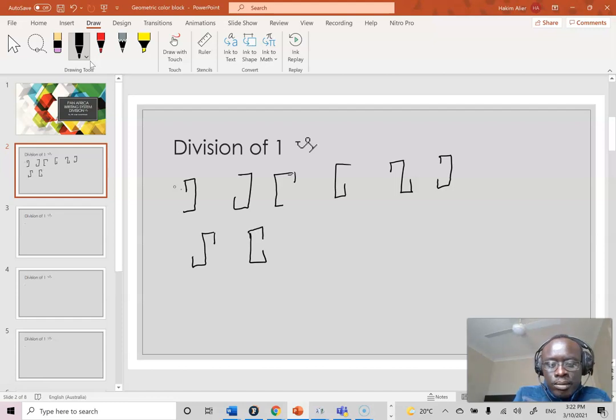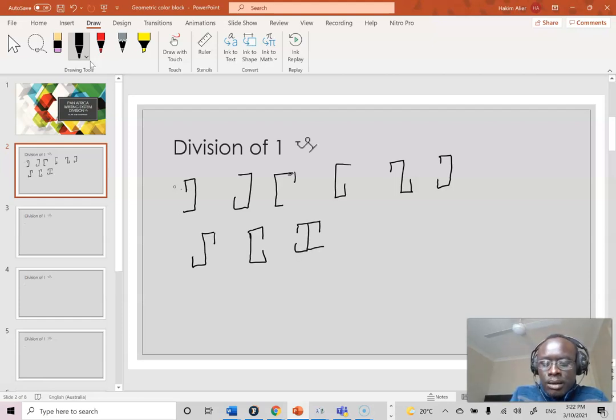Okay, let me put these properly so people know. Now we are on number 9. Number 9 is this way. I just want to double check that I don't miss any number. So 9 will be this way.